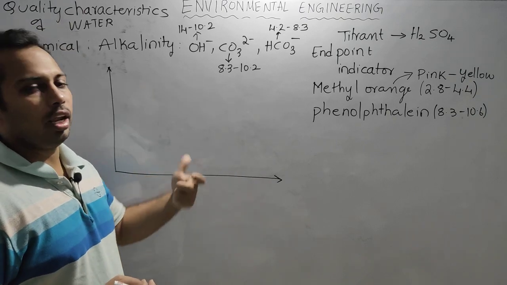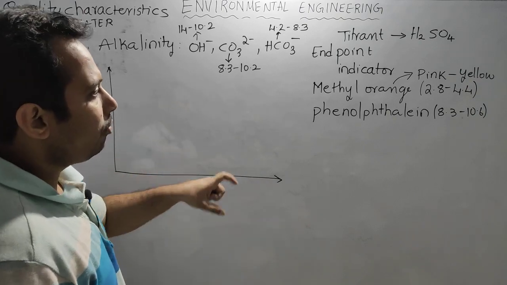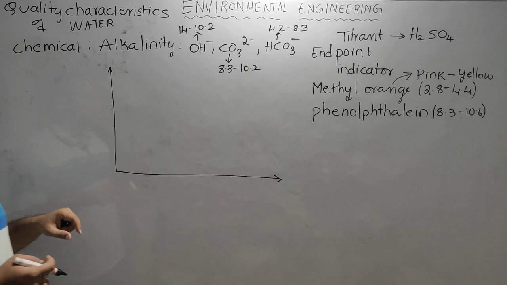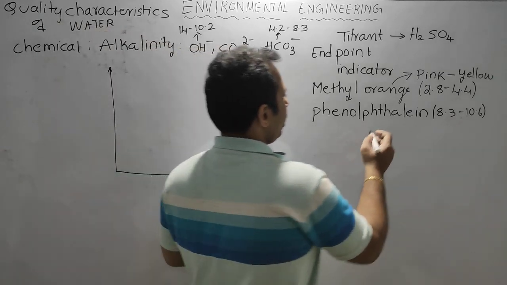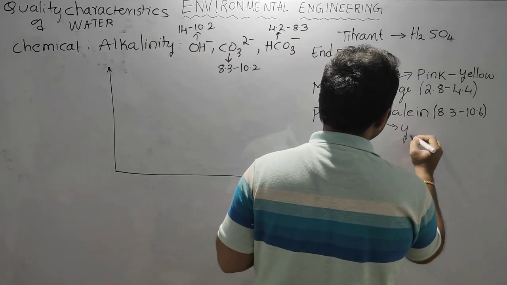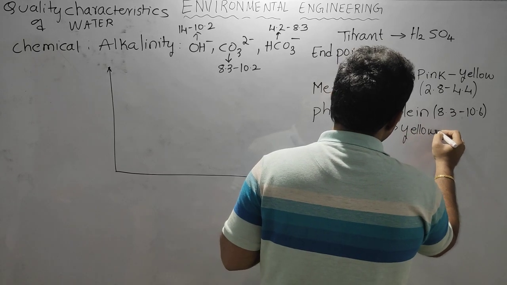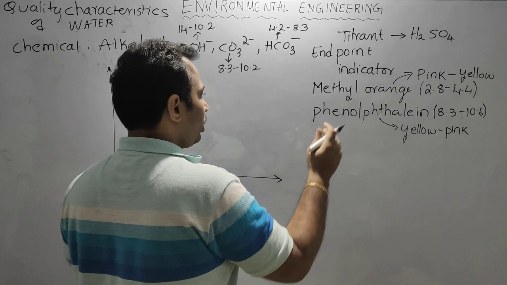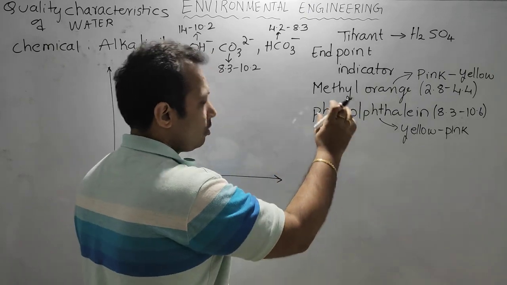That means its working range is over. Similarly, the phenolphthalein works in a range of 8.3 to 10.6, and in this range it converts from yellow to pink. So these are the working ranges and color conversions of these indicators.